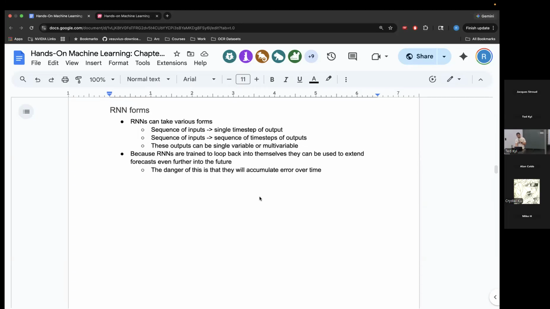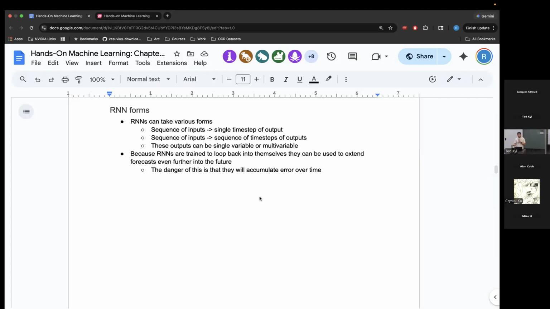So moving on, back to RNNs and how they apply to this time series stuff. So RNNs, I was mentioning, can take different forms. We can have a sequence of inputs. So you can say, I have a whole bunch of time steps, and then at the end, I just want to output a single prediction.